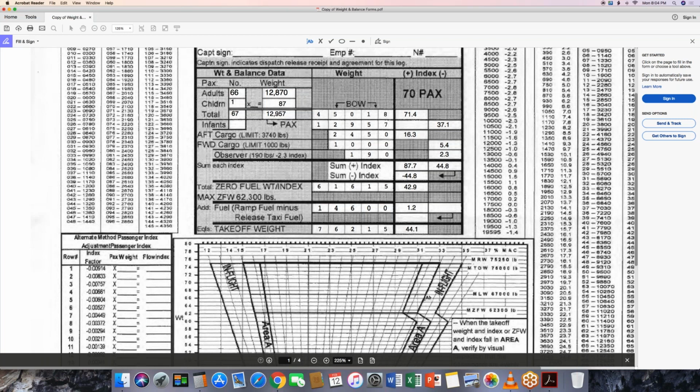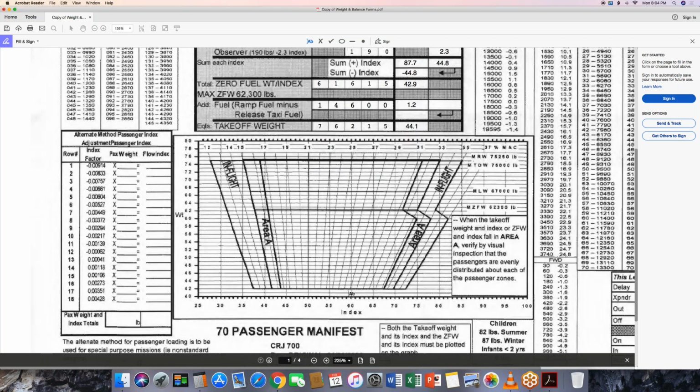So I ended up getting 74,855 pounds after I kicked off 7 of them, and 74,855 is pretty much the maximum limit you can go. And then that's when I got an index of 41.8 after redoing the seating arrangements and the pin.